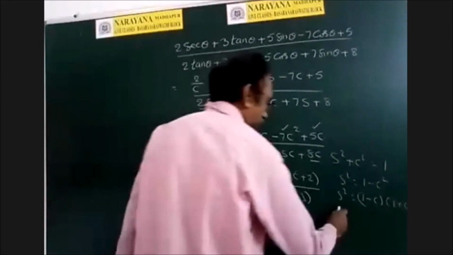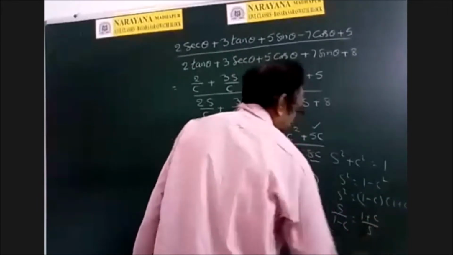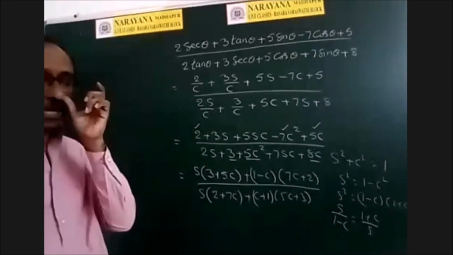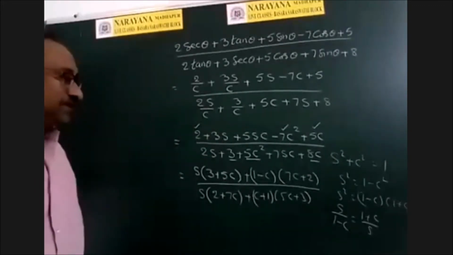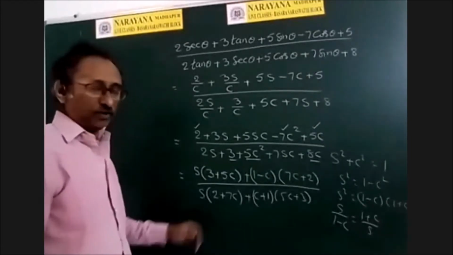And therefore, sin theta by 1 minus cos theta is equal to 1 plus cos theta by sin theta. Now I am using that fact. So write down up to this.